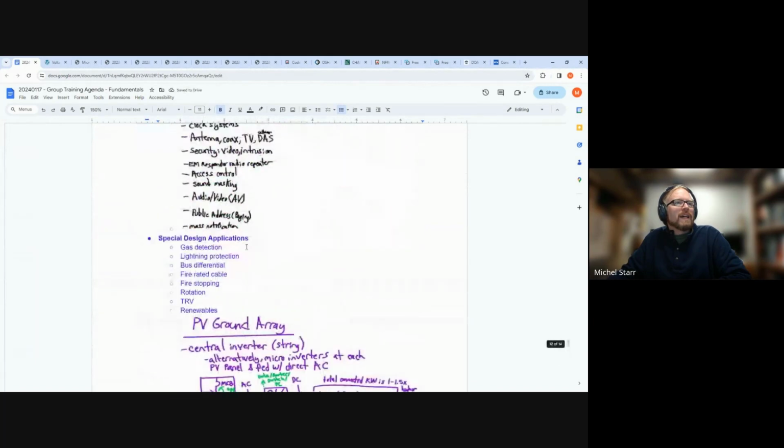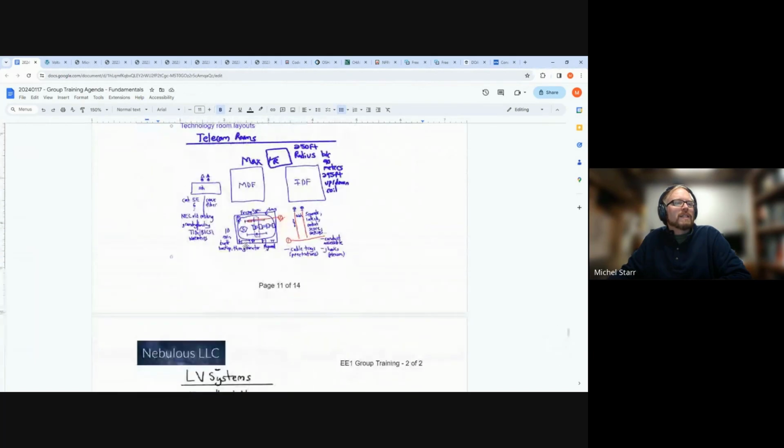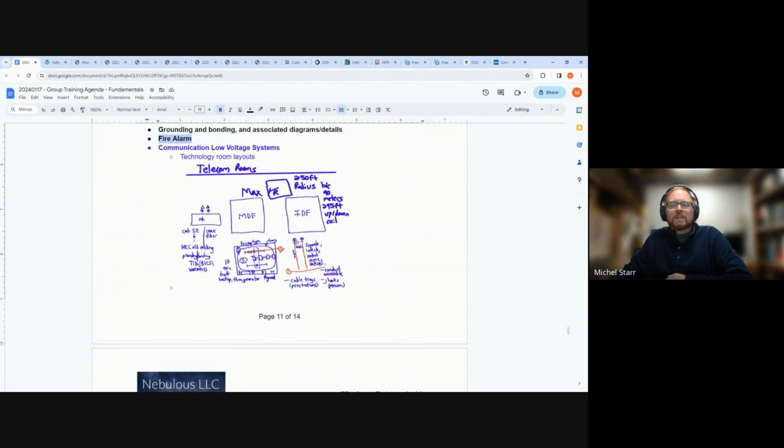I'm going to slide down to technology rooms. So this is sizing of those rooms and where they need to be located, which is normally within a 250-foot radius, because there's a maximum cable distance. And you have to consider the up and down of those cables as well, and the bundle. They normally have at least a little bit of bundle where they're terminating.